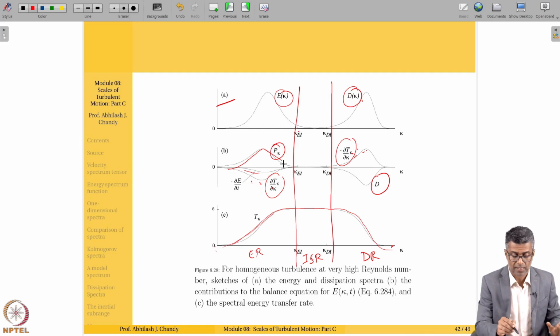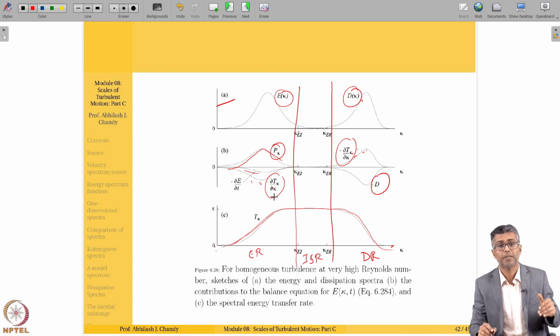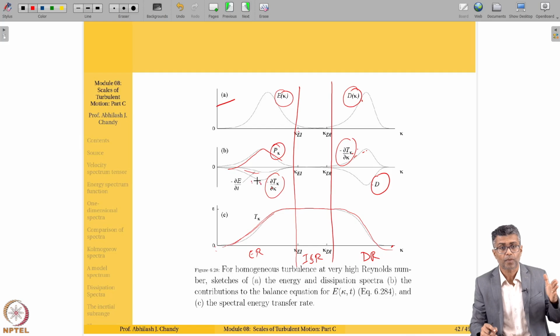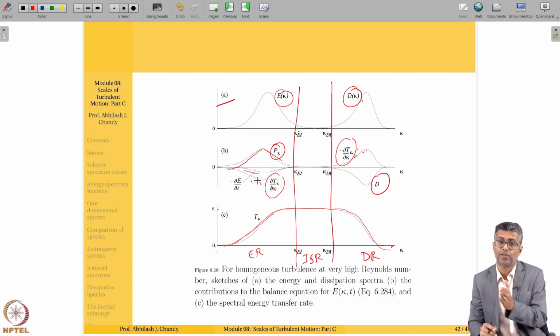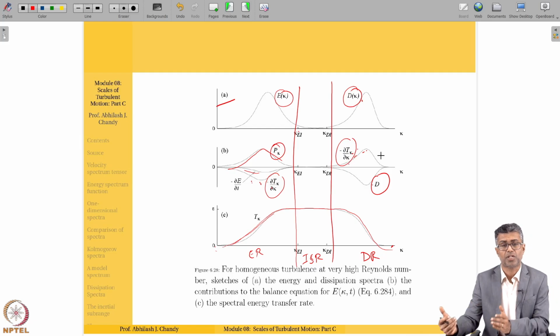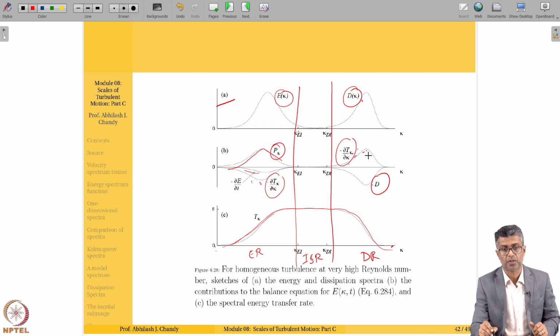Minus del T del K is going to be negative in the energy containing range, because the energy is being removed out of the large scales. And the minus del T del K is going to be positive in the dissipation range because energy is being received from the large scales onto the small scales. So it is being received here.